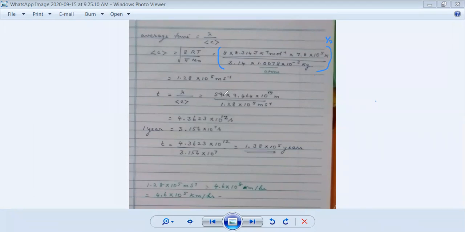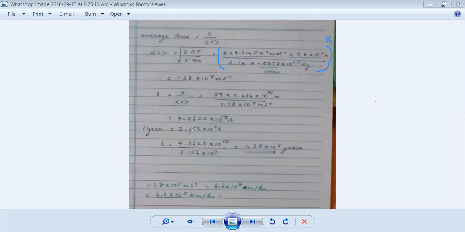So 59 into 9.464 into 10 power 15 meter divided by the average velocity 1.28 into 10 power 5 meter per second. So this meter and meter is cancelled. It is per second. It goes to the numerator. It becomes a second. So what you are getting is 4.3623 into 10 power 12 second.